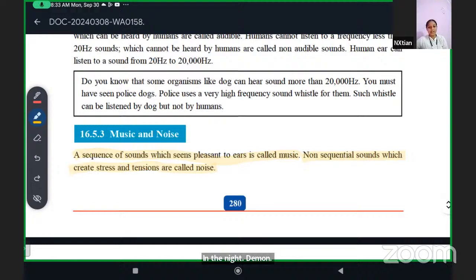Yes, Emil. Do you want to give an example of a sound that's music and one that's noise to you? Whistling is music.